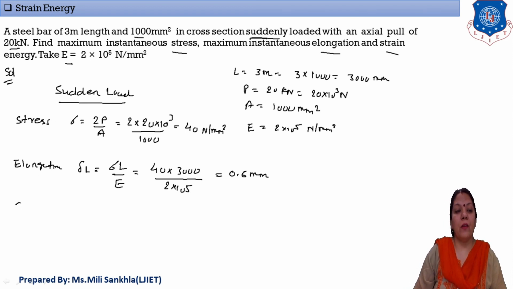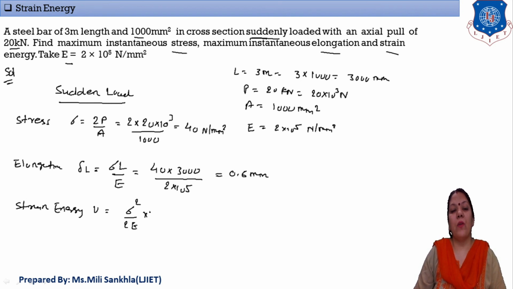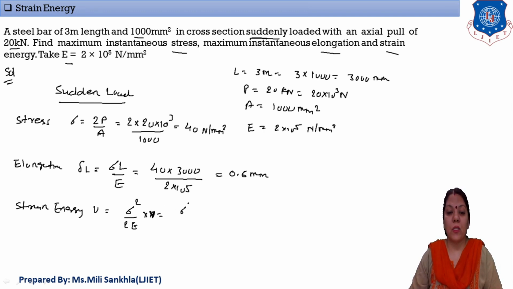Now third, we find out strain energy. So write here, strain energy U is equal to sigma square divided by twice E, into volume. Volume is equal to area into length.